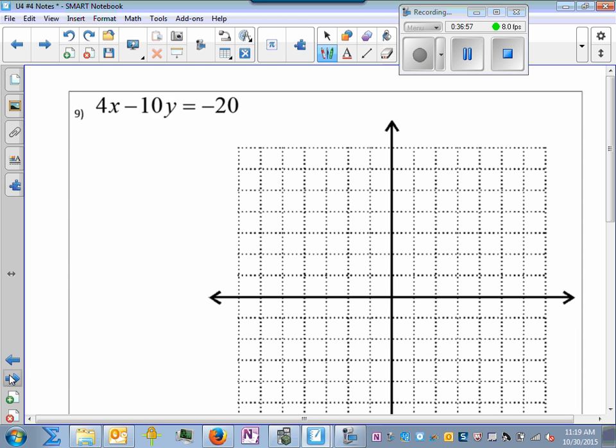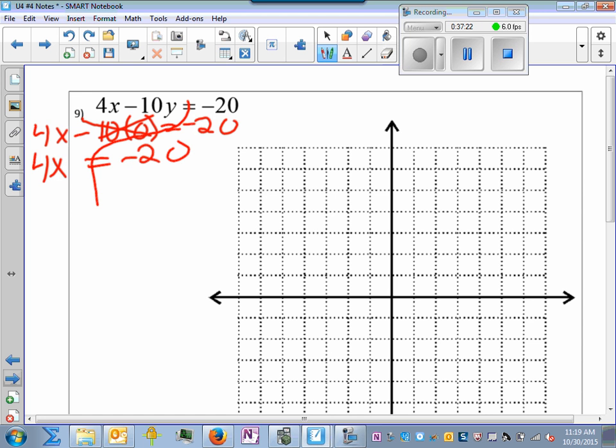So my last one here, again, solve for your x first, which means y becomes 0. 4x minus 10 times 0 equals negative 20. Bring down my 4x. Negative 10 times 0 is just 0. It goes away. So 4x equals negative 20.